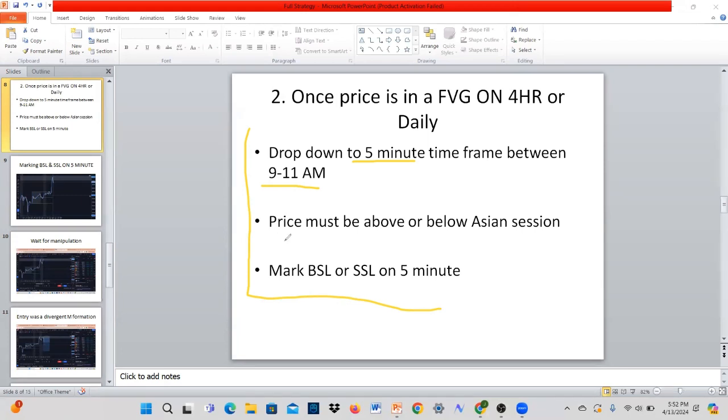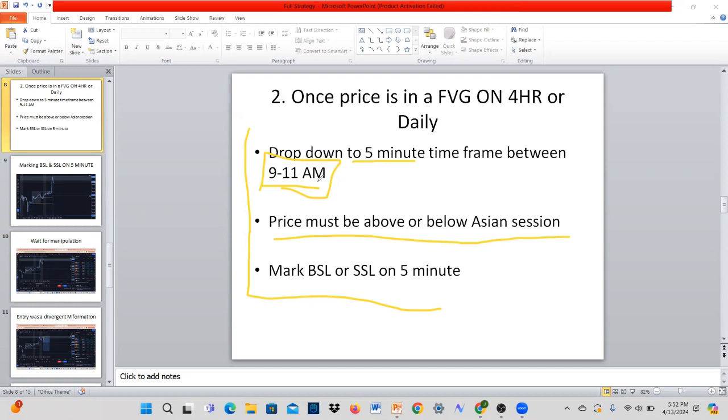So price must be above or below the Asian range or Asian session. I'll show you guys an example of that. And it must be in the right time, and we must mark our buy side liquidity and sell side liquidity on a 5-minute time frame.